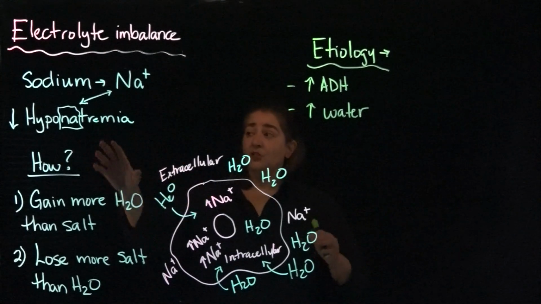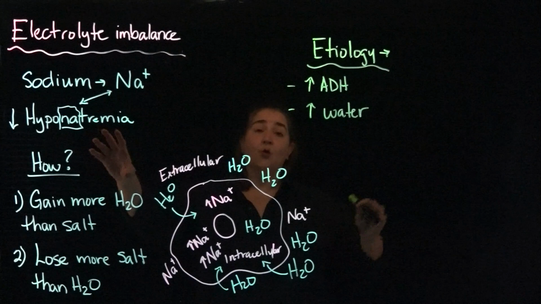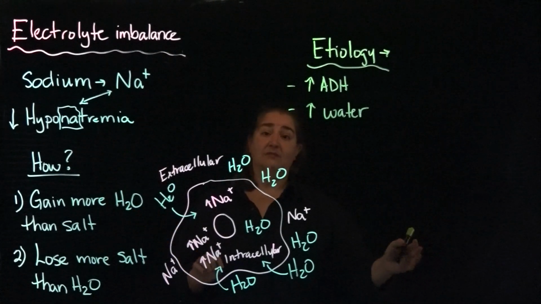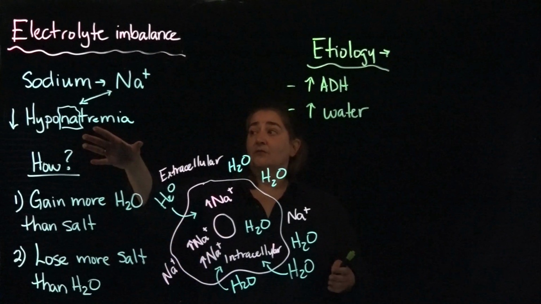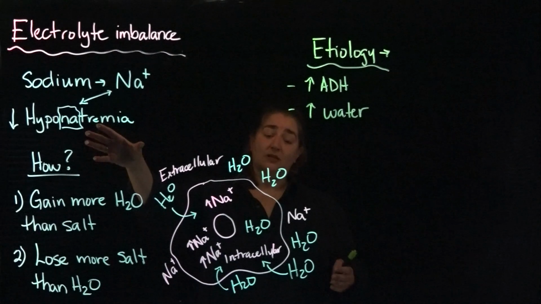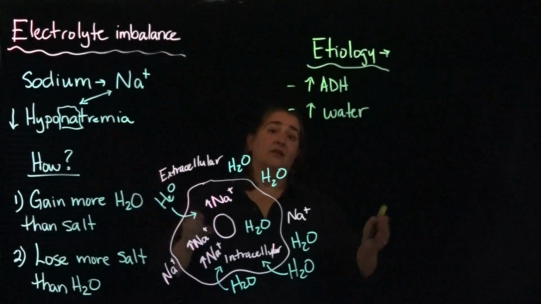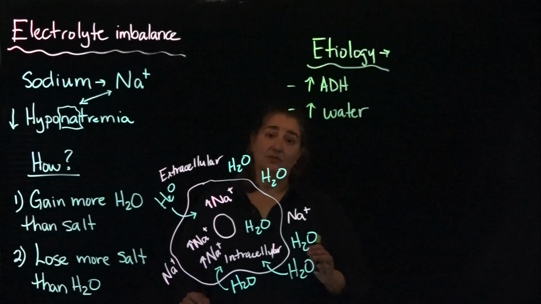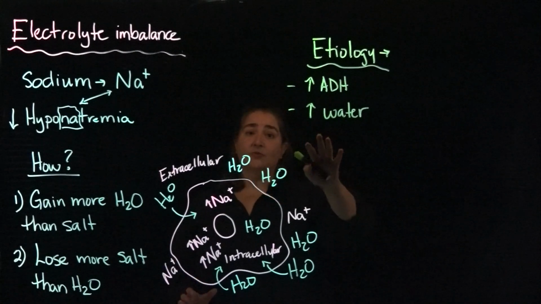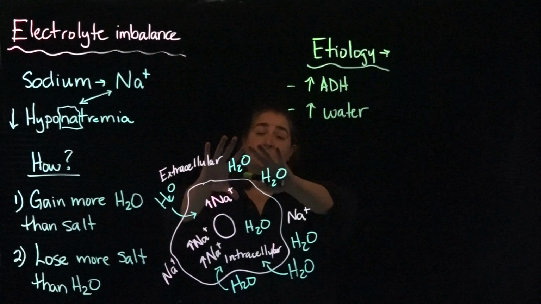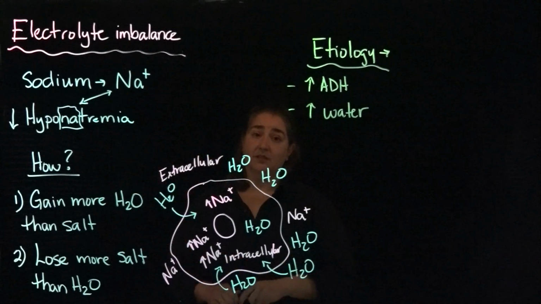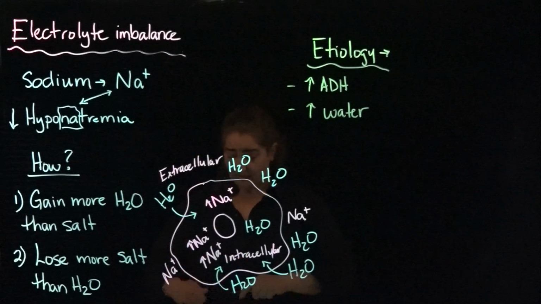And in terms of our two, hypo versus hypernatremia, having low levels of sodium can result in death much more quickly than having high amounts of sodium. So the body has a harder time dealing with the increase in fluid in this case.